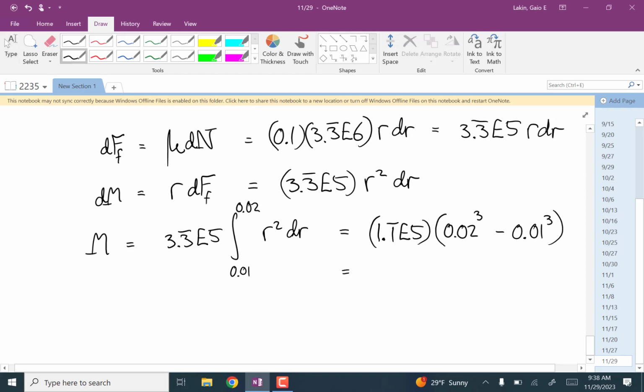And what do you get for this? I got 0.77. Okay, so not that much bigger, but a little bigger. Is it 7 repeating? Yeah. Newton meters.